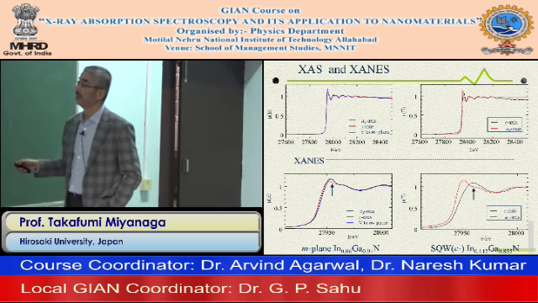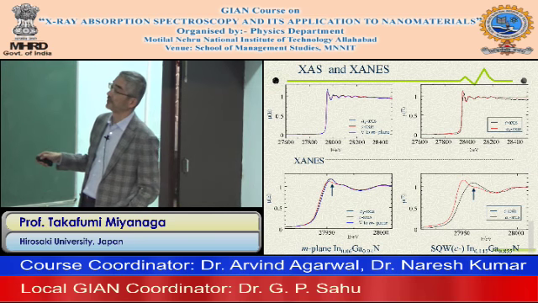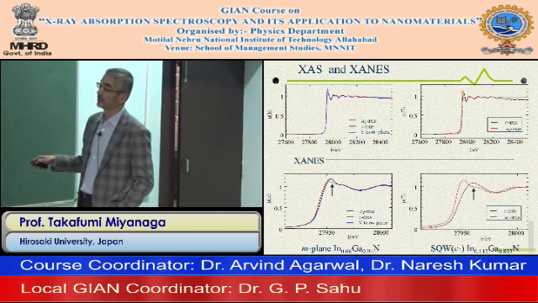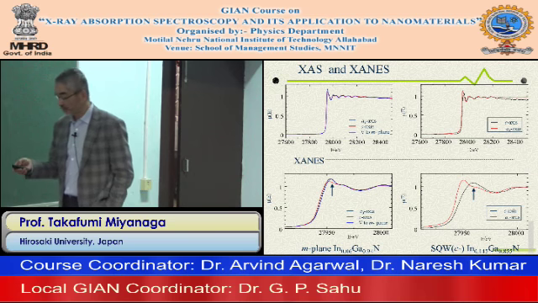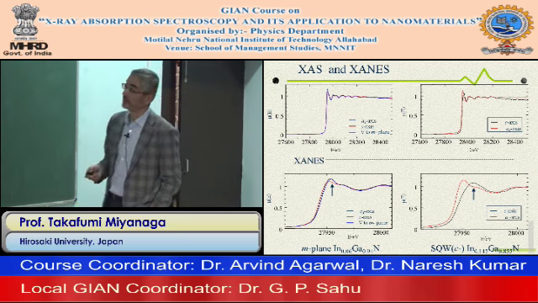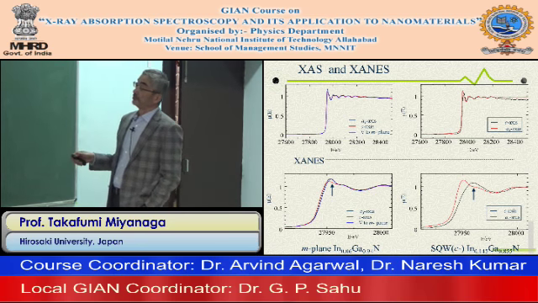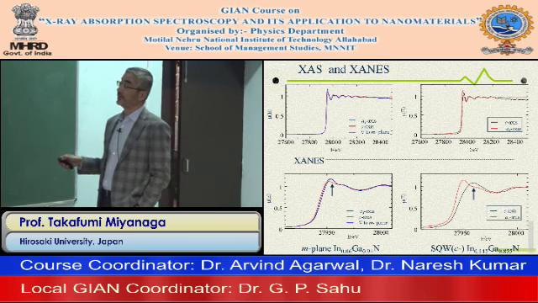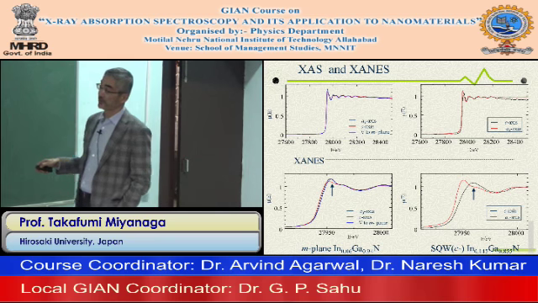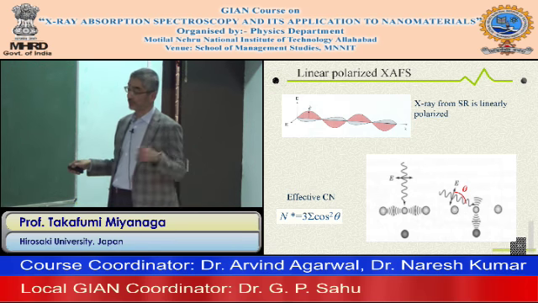The X-ray absorption function is defined for the C-axis, and the C-axis is also defined from here. And the Fourier transform is like that. This is our sophisticated technique using the polarization of the synchrotron radiation. The effective coordination number is expressed as a cosine function of the incident angle.